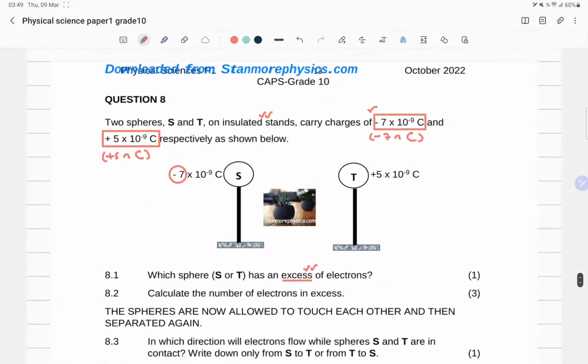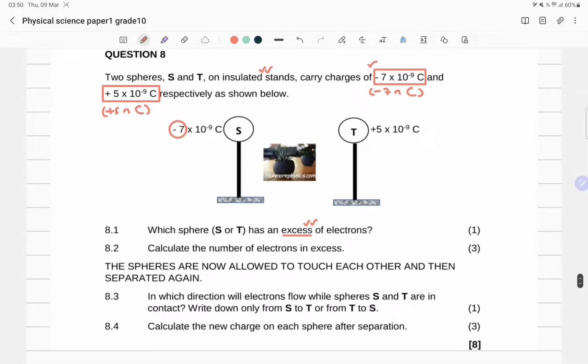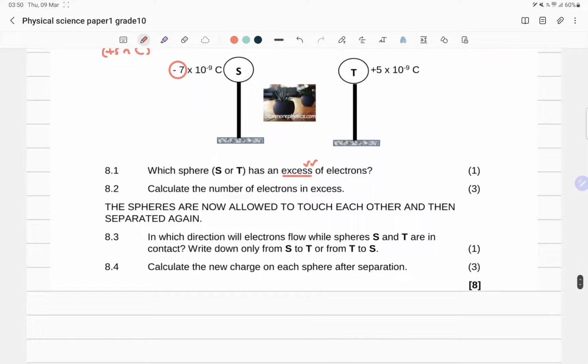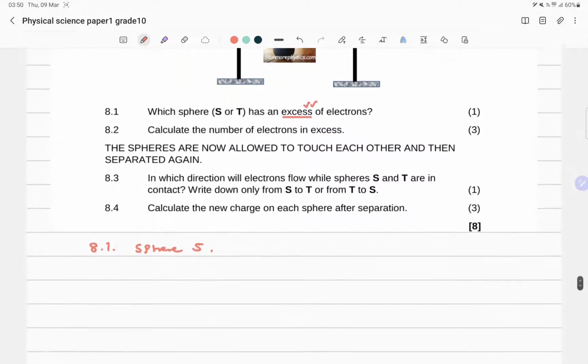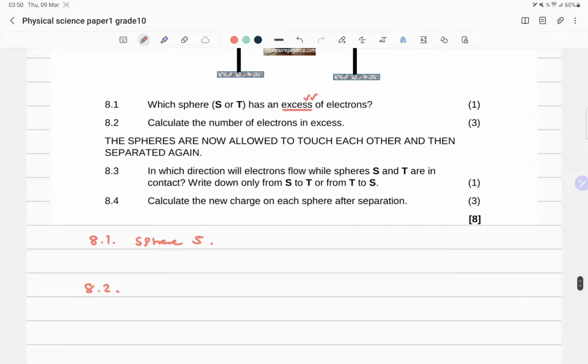And if it is positive, it means we're stripped electrons because normally materials should have a neutral charge. So if it is negative, electrons are in excess. Anyway, so we're going to answer 8.1 and say it is sphere S. No problem.